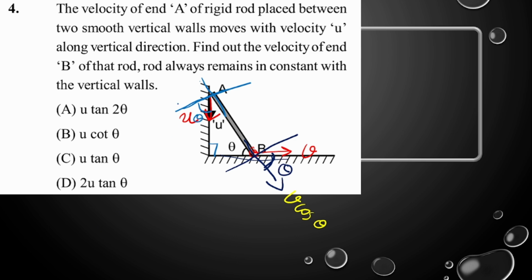So this component is u cos theta, and this component is u sin theta.